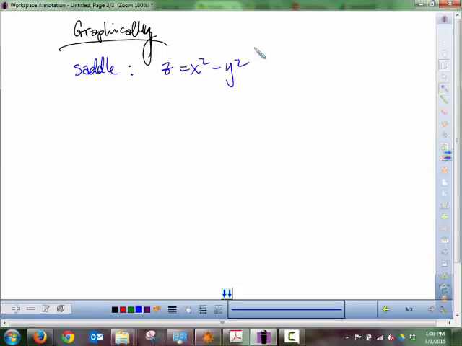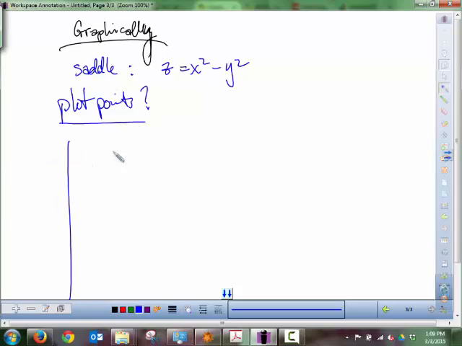Where do you begin? Well, again, we could do the plotting points business. I won't recreate this whole business, but plotting points, usually we would take some x value and a y value and put it in an x-y axis.